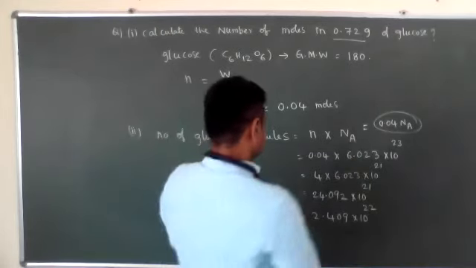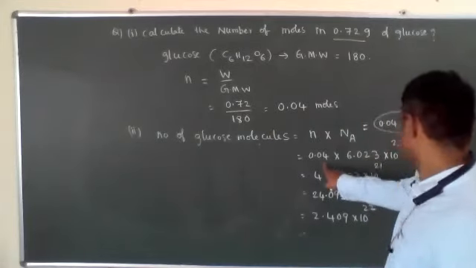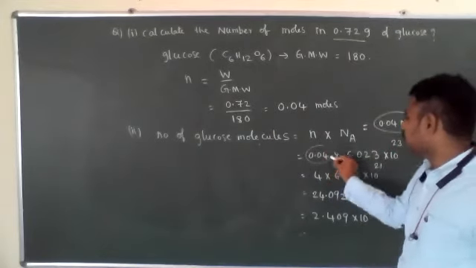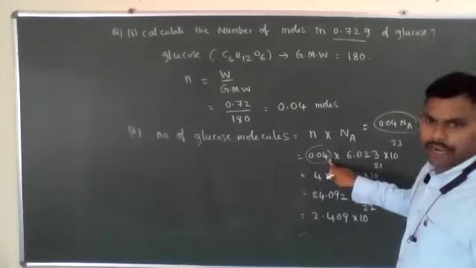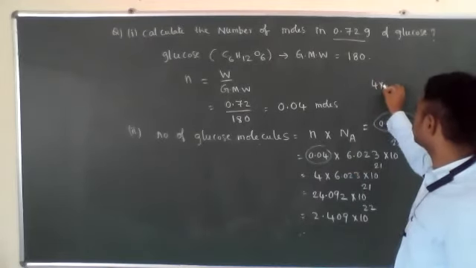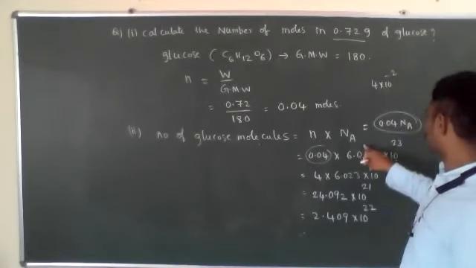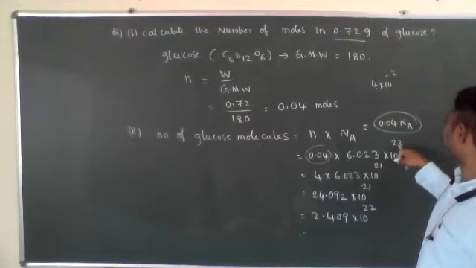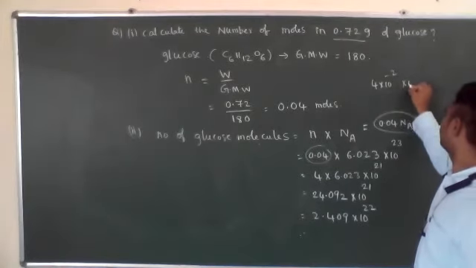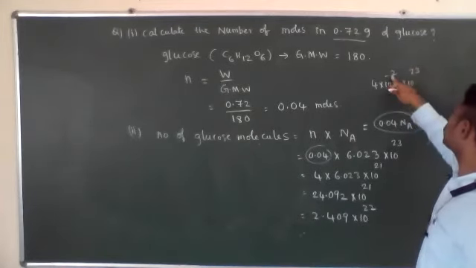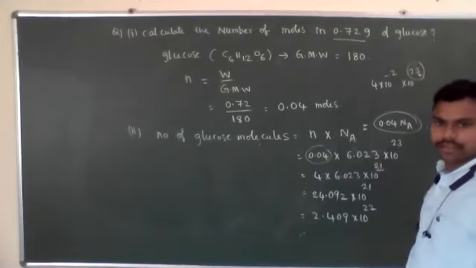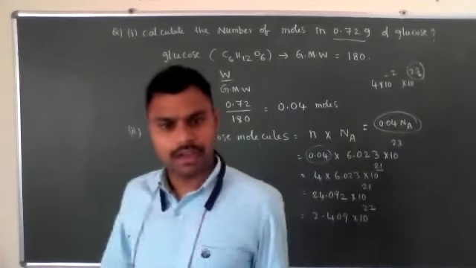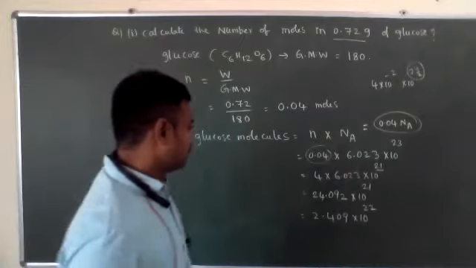See, here 0.04 means the decimal point moves 2 places to the right, so it is 4 into 10 to the power of minus 2. Already we have 10 to the power of 23; removing 2 means only 21 will come.